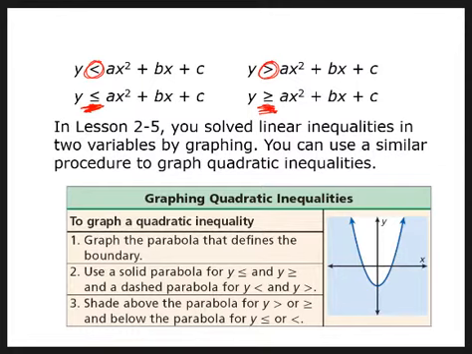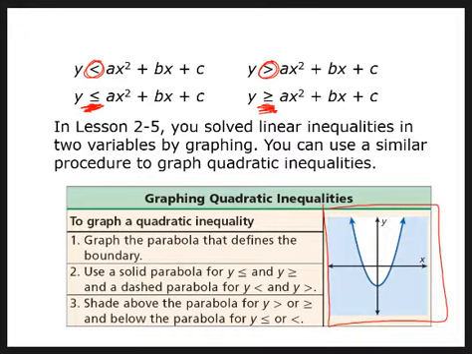So if you look down here in the bottom right hand corner, the graph that is shown is an example of something that would be y is less than or equal to that type of parabola. You have the parabola drawn. You notice that it has a solid line, meaning that if you have a point that actually is on the parabola, it would be a solution.